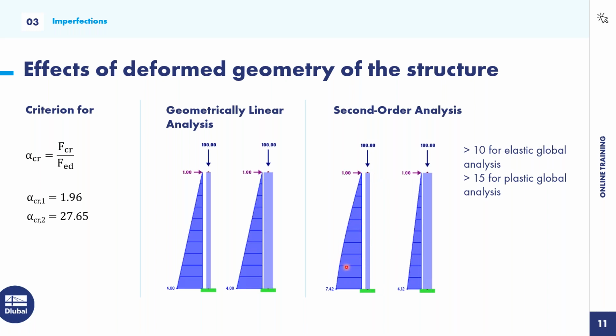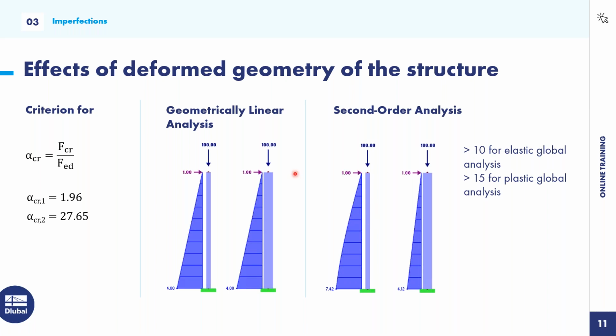Therefore, the proportion of additional moments due to the compressive force is larger. And this is something you have to consider. For thick profiles, it makes no huge difference, but for very slender columns, it makes a huge difference, and this is normal in the design of steel structures.